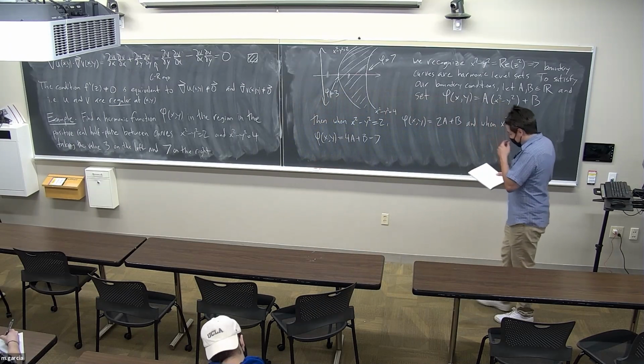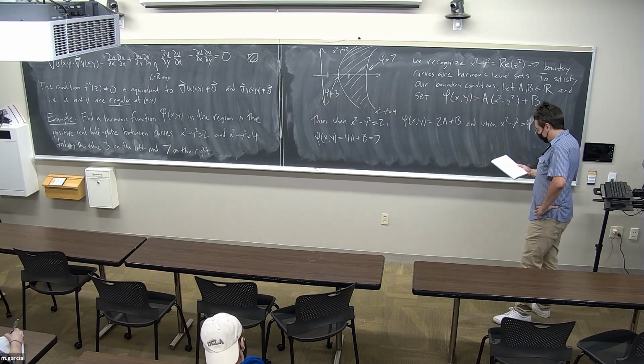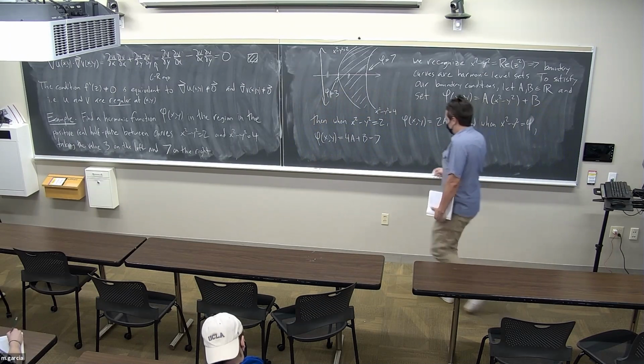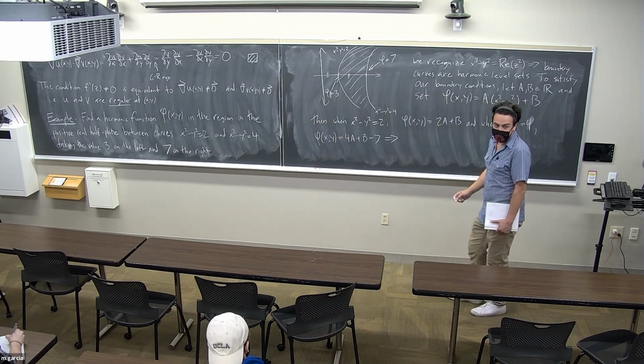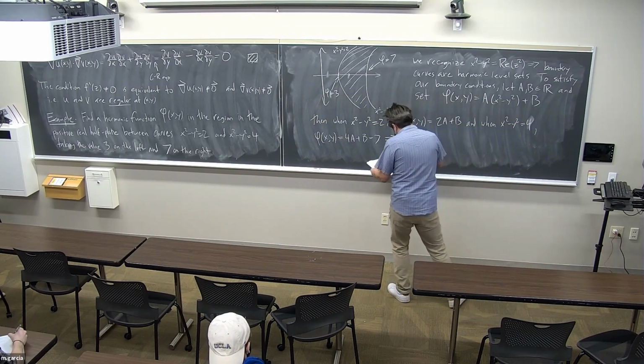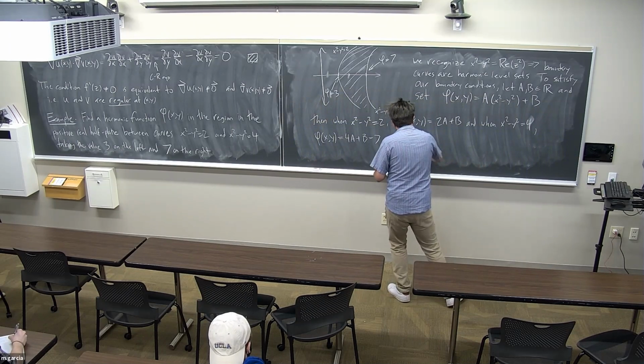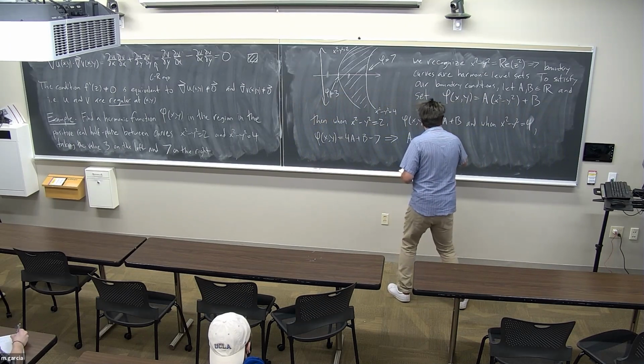Okay, so just solve this pair of two equations and two unknowns. And what do you get? You get a is equal to 2 and b is equal to -1.